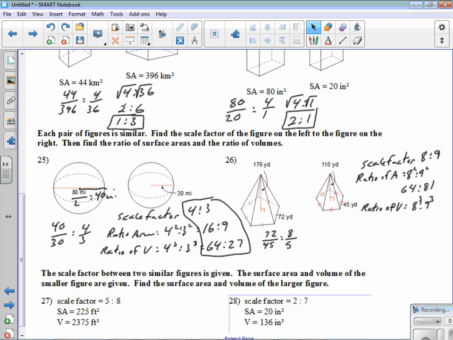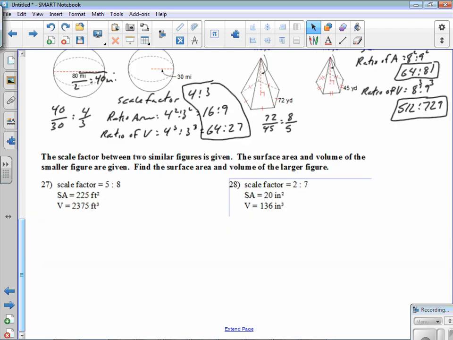It's going to give us 512 to 729. So 8 to 9, 64 to 81, and 512 to 729.